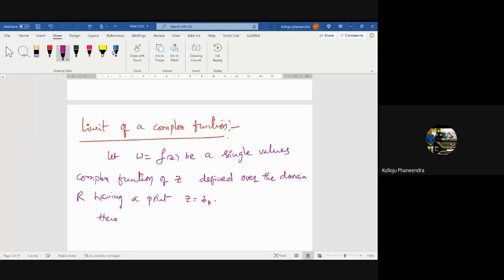Here the function f of z may or may not be defined at z equal to z naught.